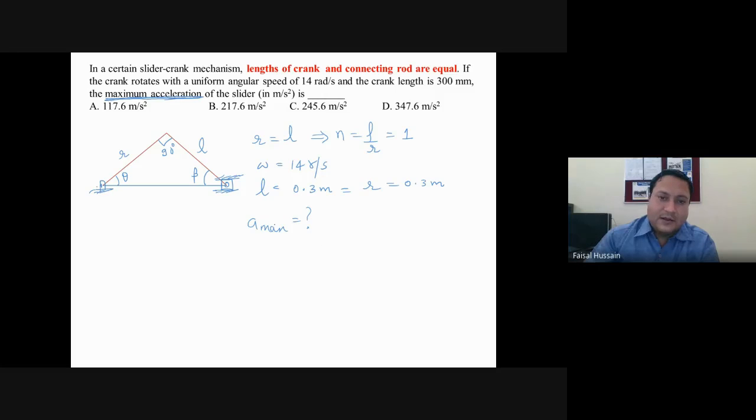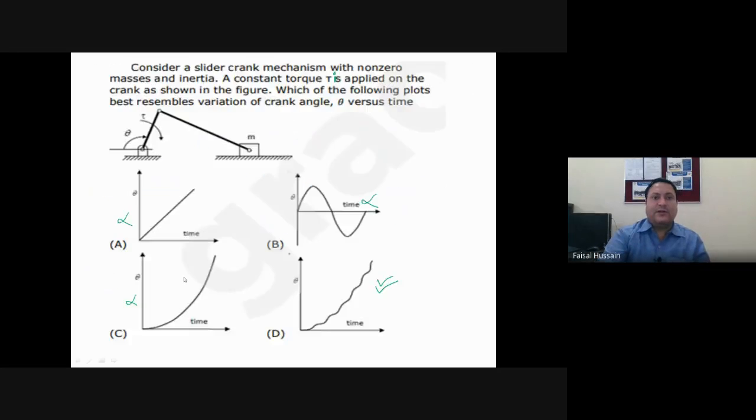Now tell me, maximum acceleration occurs when theta equal to what? Yes, maximum acceleration occurs when theta equal to 0 degree. And if theta is 0 degree, in the solution, maximum acceleration. See, already I have explained you here.